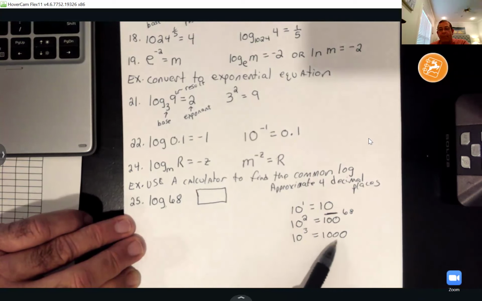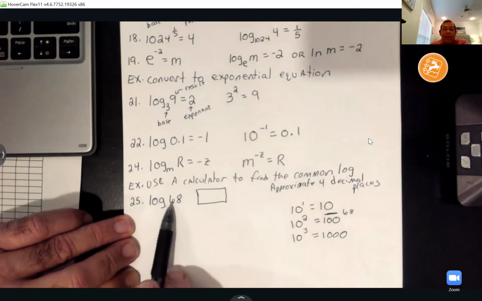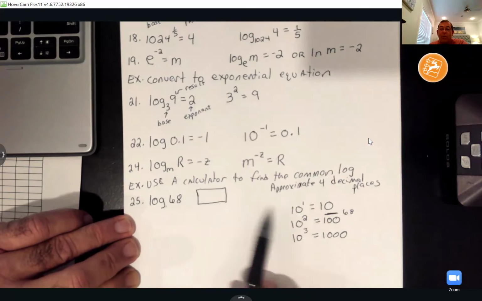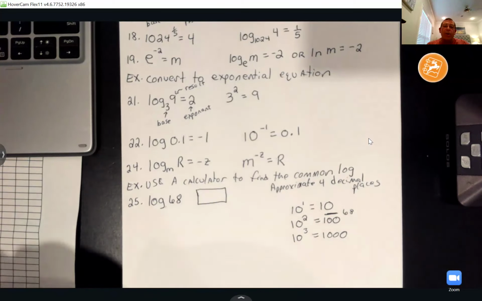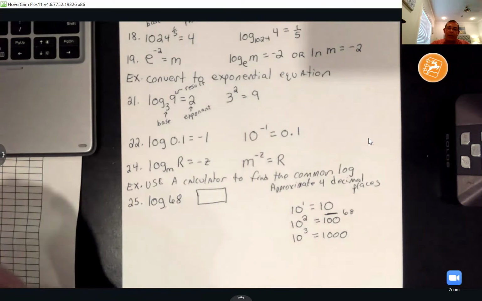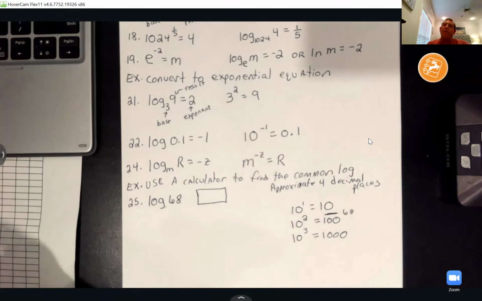Once I got bigger than 1,000, then I'm starting to get 3 point whatever up to 10,000. So you can almost estimate these. I know this answer will be between 1 and 2. So y'all punch that in the front of your calculator, log 68, and round me about 4 decimal places.